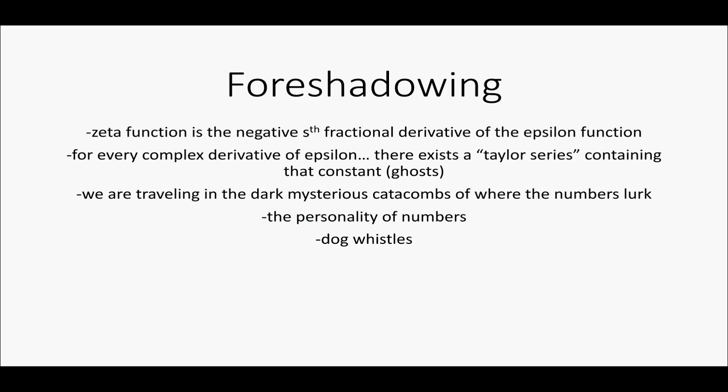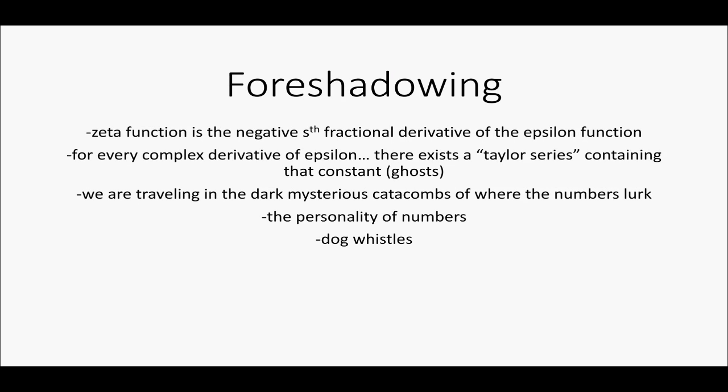And dog whistles. I've just been hearing this term a lot in the media. It's used mostly in a political context, but the reason why I'm attracted to these zeta functions and epsilons, infinite sums, is because I feel like humans did not make up math. We're getting a little philosophy here, kids, but humans did not make up math.